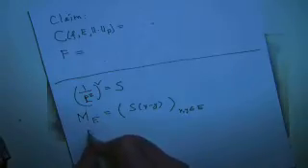Its entries are the following: S of x minus y, x and y in E. It is an n by n matrix. Well, S is the Fourier transform of a positive function, so this matrix M sub E is positive definite.